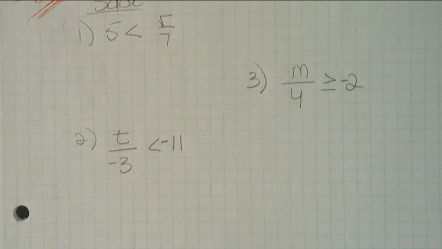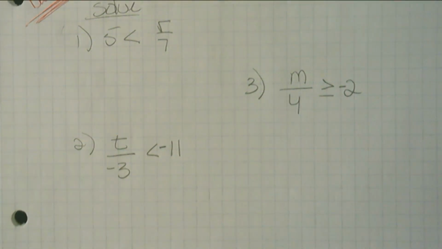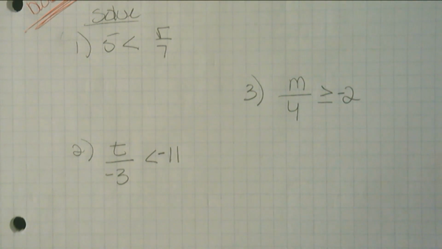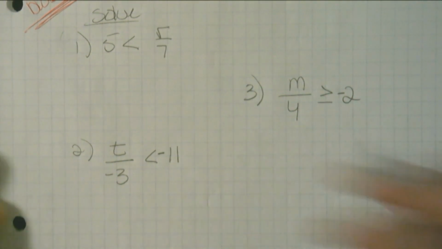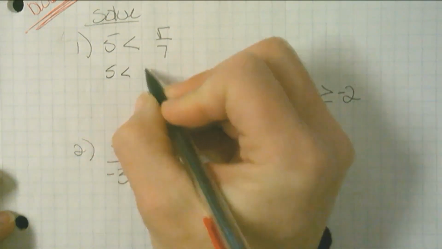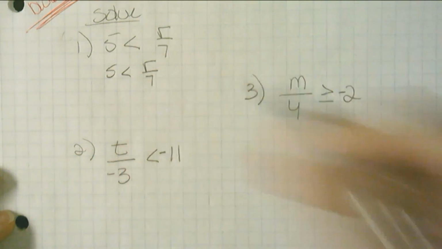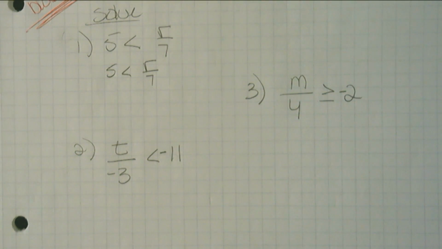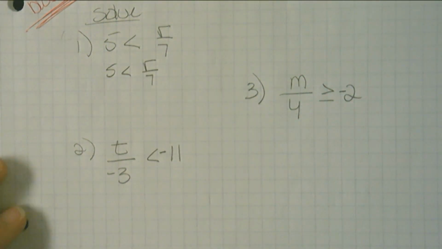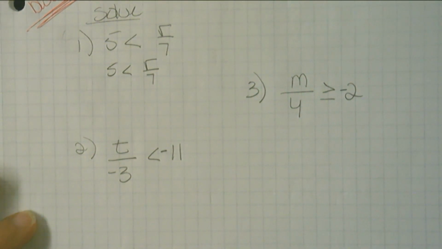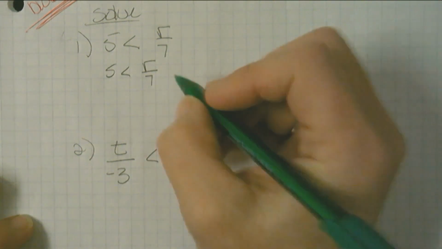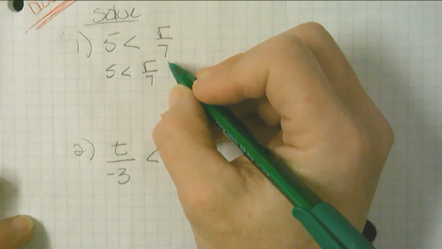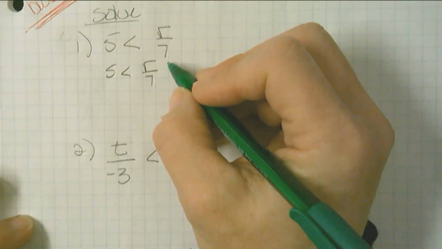All right, who's still working on this? All right, somebody solve that first one for me. Mateo, go ahead. Just tell me what to do. What operation are you talking about there? Excellent.